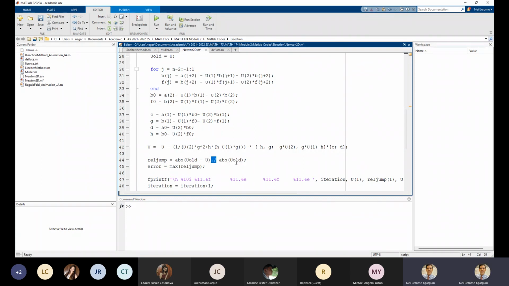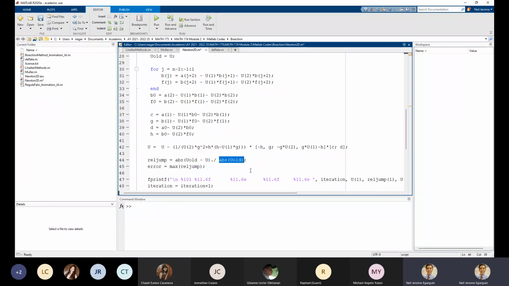Tapos, gumamit ako dito ng dot divide. Okay? Pag gumamit kayo ng division sa matrix, i-multiply niya yon by the inverse nung divisor. Okay? Pero dahil gusto ko ay term by term division, kailangan dot divide yung gamitin ko. Ibig sabihin, yung first entry dun sa numerator, i-divide niya ng first entry by the denominator. And what will that represent?